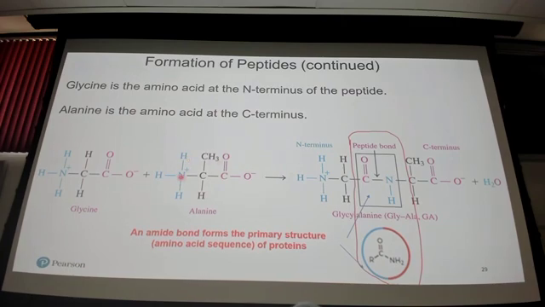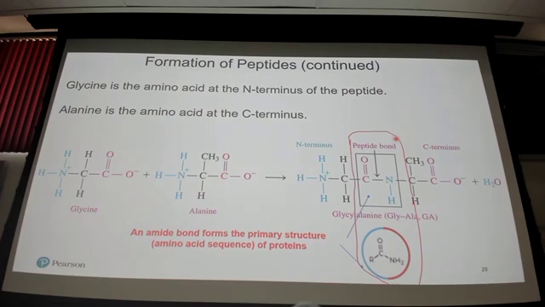We lose a water molecule. It's a dehydration reaction, just like we saw with the saccharides. And so you have the amide bond here. Remember, an amide bond is C double bond O bonded to an NH. That is an amide bond, and it's also called a peptide bond. So basically, a primary structure is when amino acids are joined through peptide bonds, and another name for a peptide bond is an amide bond. Does that make sense?